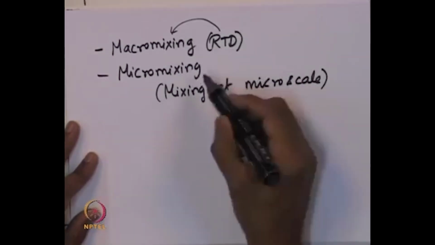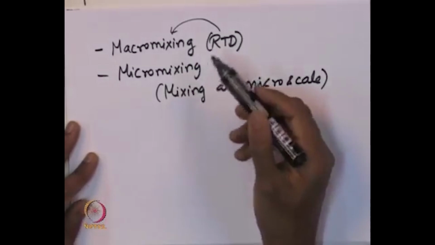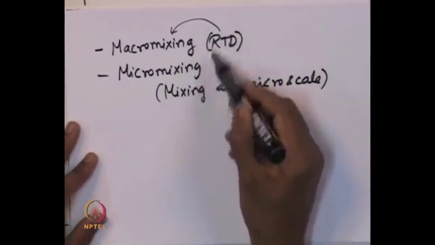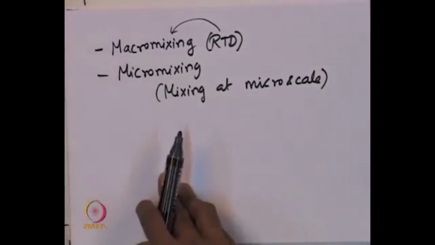So, one needs to account for these two factors, and in fact, these two factors will actually help in characterizing the non-ideal behavior of the reactor. So, let us first look at the residence time distribution, which actually accounts for the macro mixing.